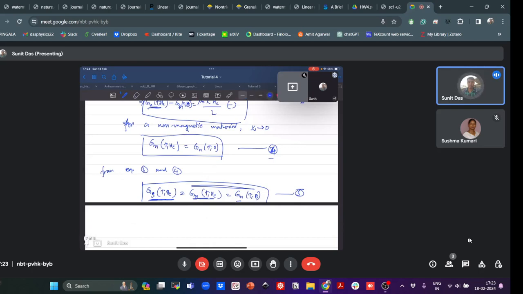We can write G_N(T, Hc) equal to G_S(T, Hc).